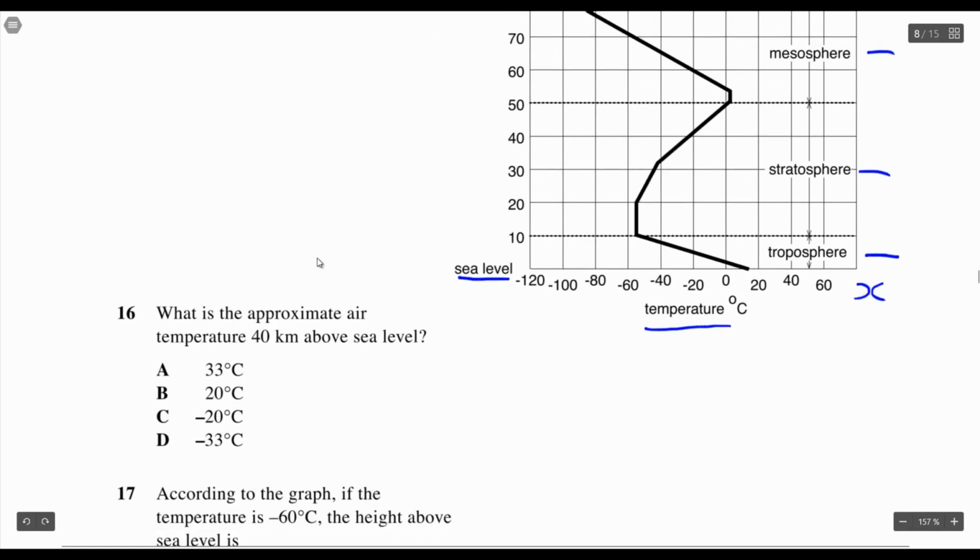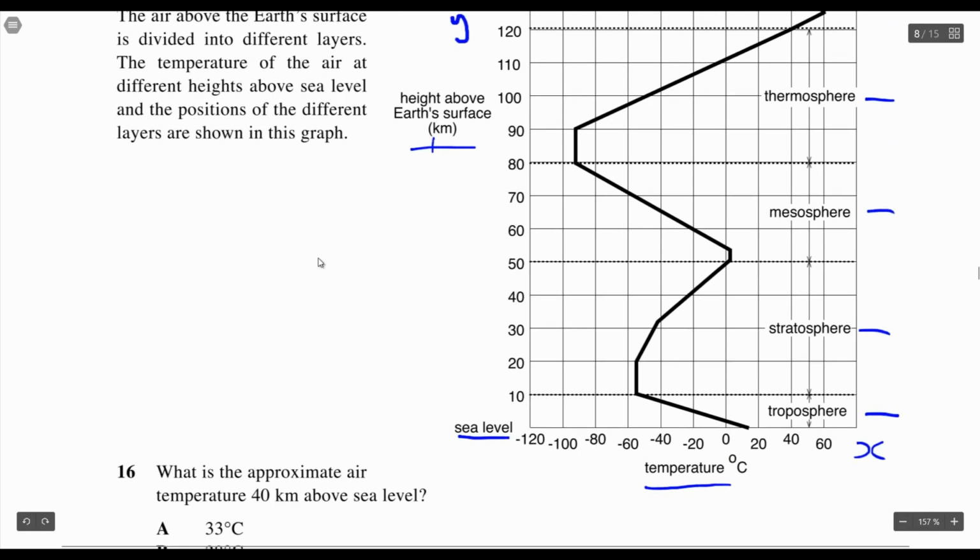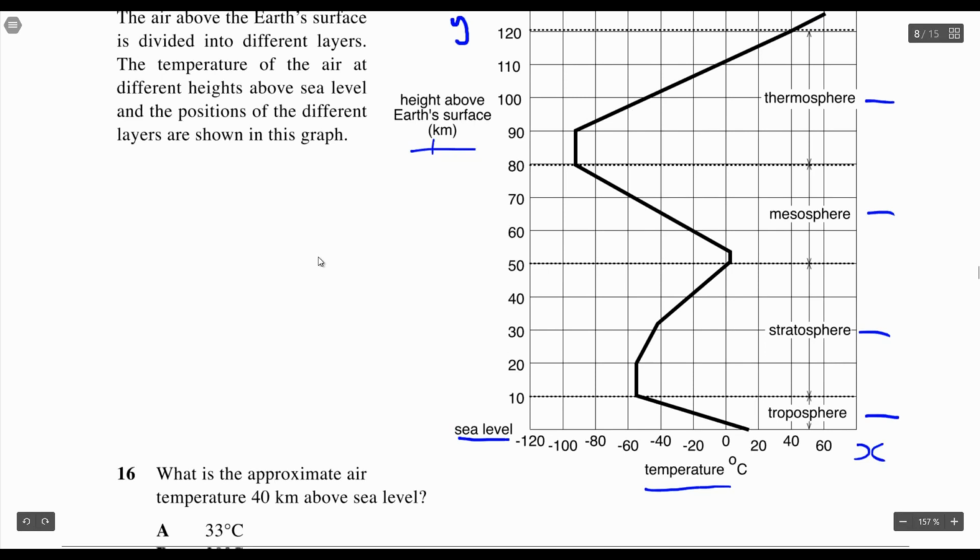So let's look at the first question. What is the approximate air temperature 40 kilometers above sea level? Before we get started, I'd like to point out that this thick black line that goes all the way up the graph is the air temperature that the question is referring to in the respective layer of the atmosphere.